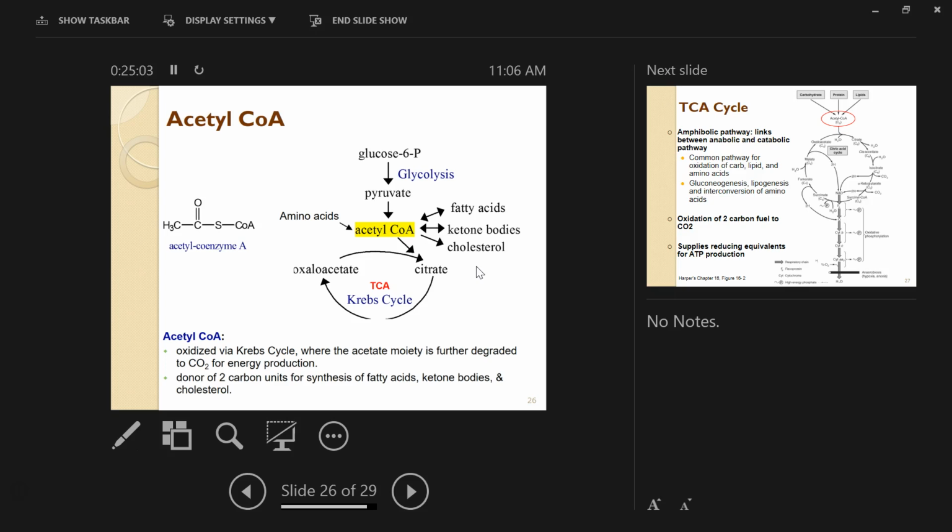Acetyl-CoA can also be used as the building block, the starting molecule for synthesis of other metabolic compounds like fatty acids, ketone bodies, and cholesterol, which we will talk about a lot in the lipid metabolism.